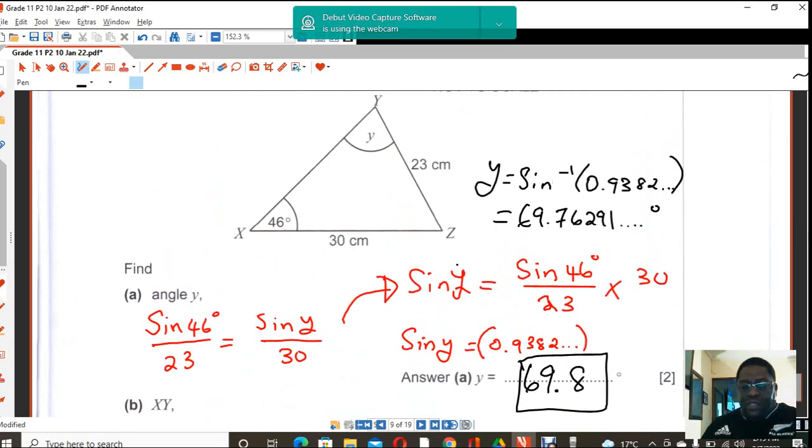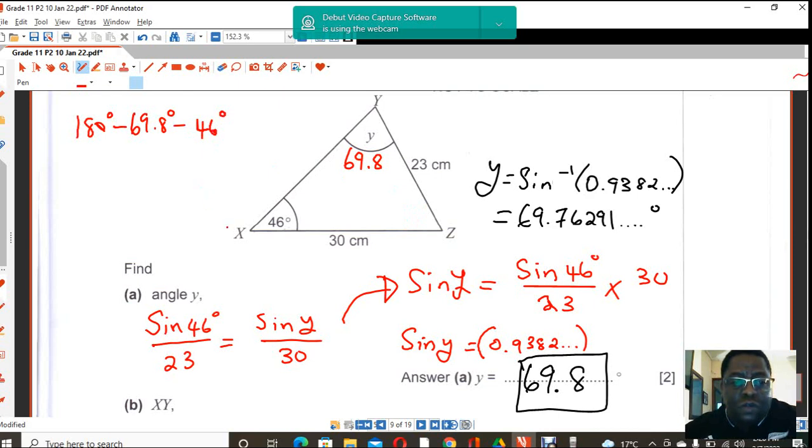All right, let me just do something now that I have angle y. So if angle y is 69.8, I'm going to calculate angle z here. The way you calculate, you say 180, take away 69.8, take away 46.